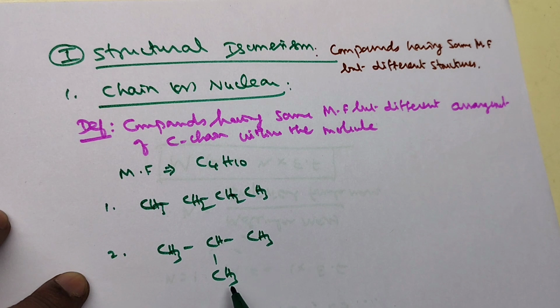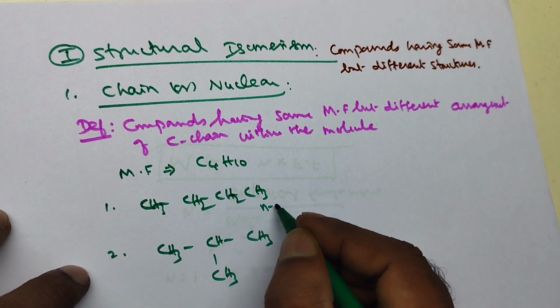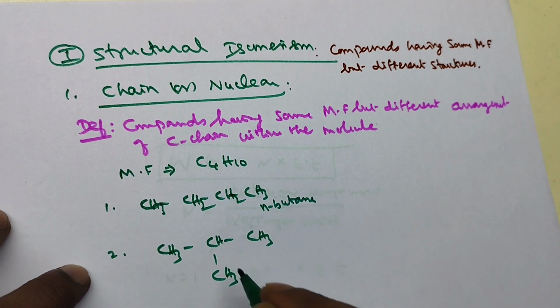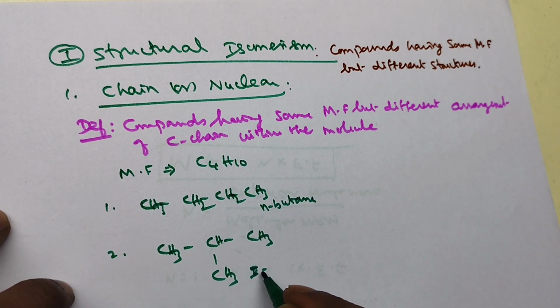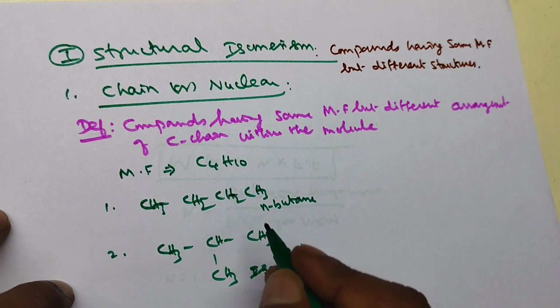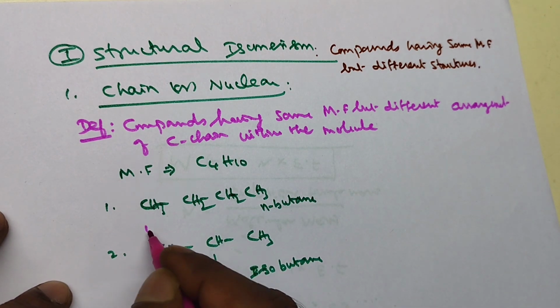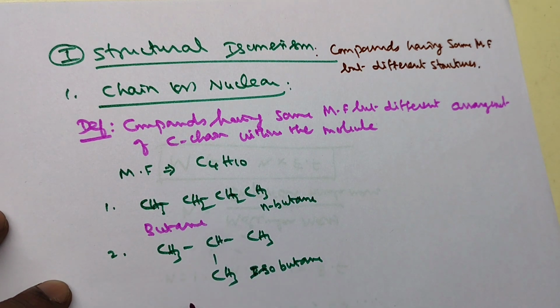Here also 4 carbon atoms and 10 hydrogen atoms. What is the name of these compounds? This is n-butane. The other one has the common name isobutane, and its IUPAC name is 2-methylpropane.